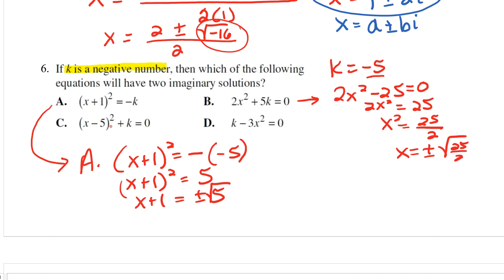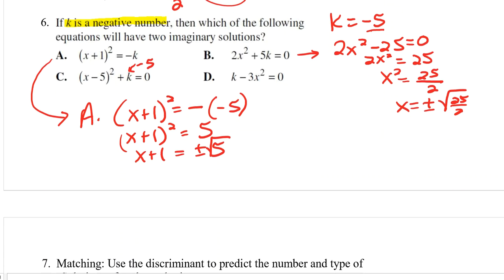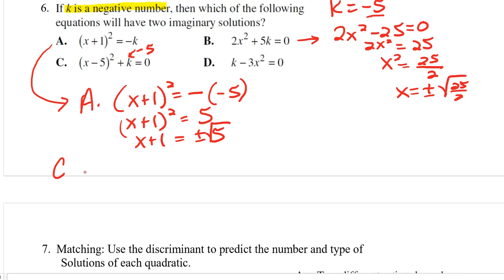So let's take a look at C. One of these eventually will give us a negative answer. So again, I'm still testing here what happens if we put a -5 in C. And you don't have to write this, by the way. You would just be looking at this to answer the question. So here we would move this so it was a plus.